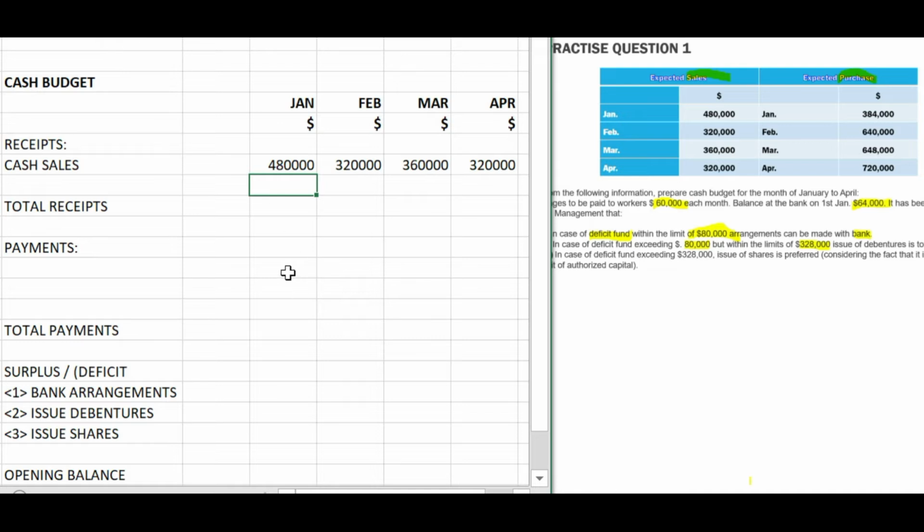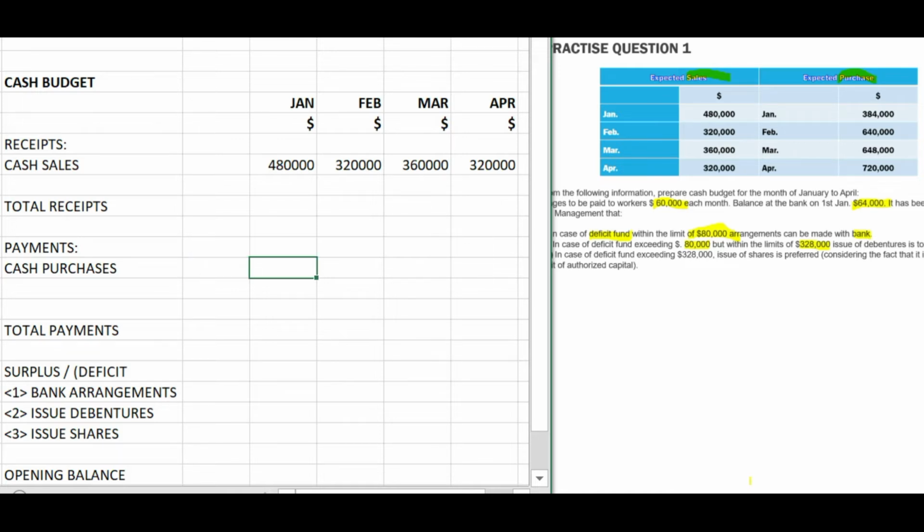Now we already have this. Next is expected purchases. We have 384,000. When you purchase, you have to pay. In this question also there is no specification whether this is a credit purchase or cash purchase, so we assume it is cash purchases.